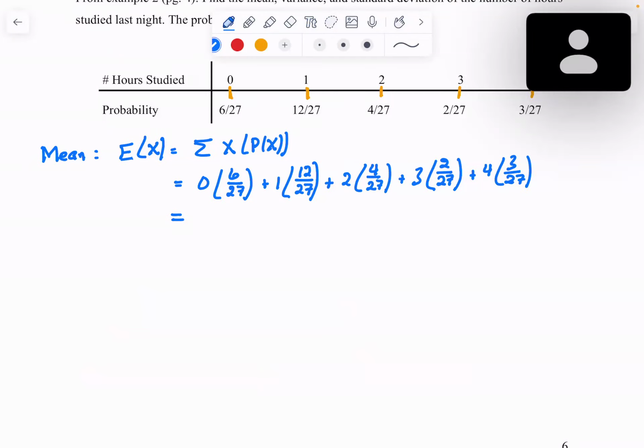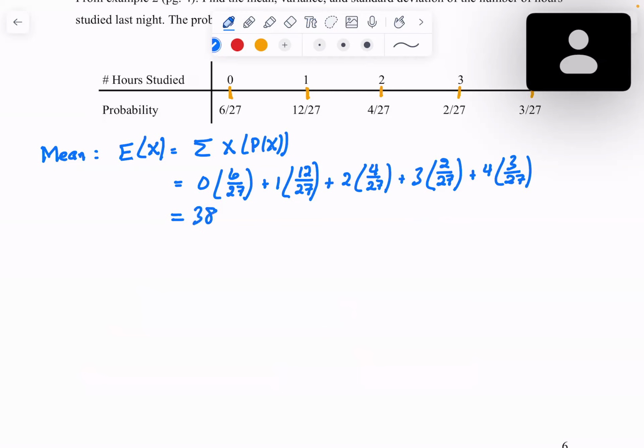Someone put their answer in the chat and we'll see if it's correct. 38 over 27 is correct.